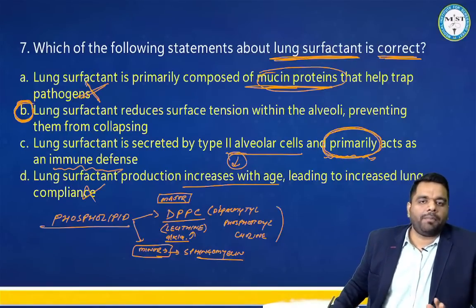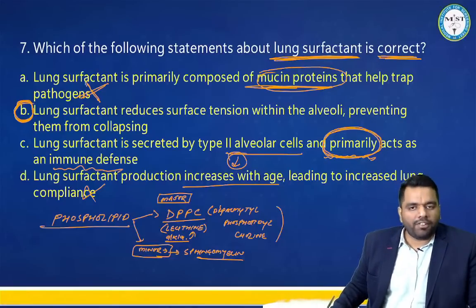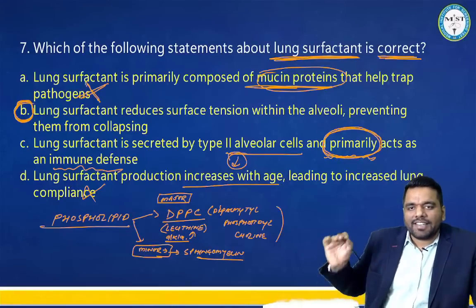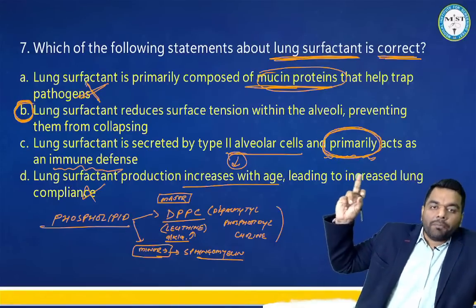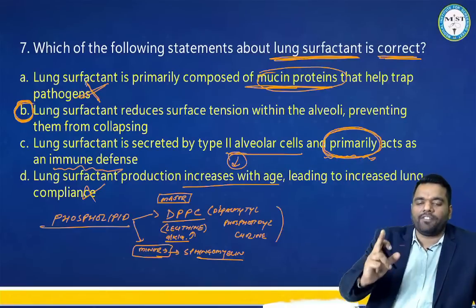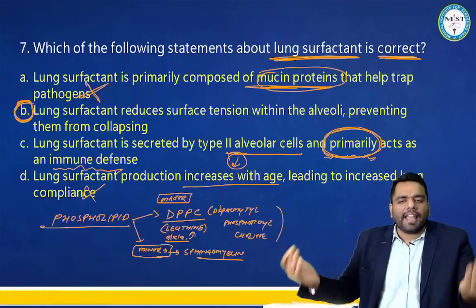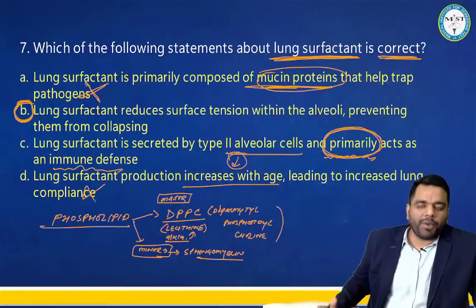If primarily was not mentioned here and it simply said it acts as an immune defense, it could be a right option as well. But as the question says it primarily acts, no beta. The primary function of the surfactant is always to decrease the surface tension and increase the compliance. It can have a secondary function as an immune defense.